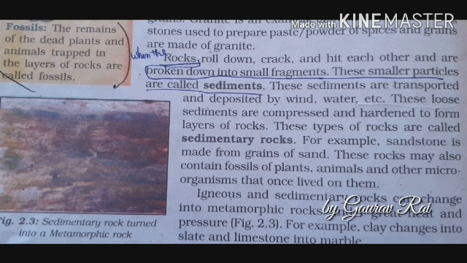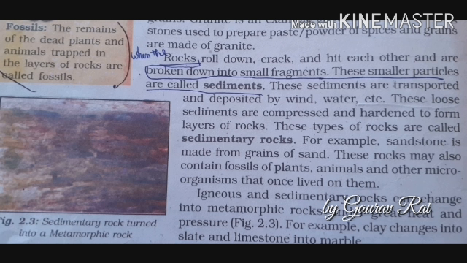Igneous and sedimentary rocks. The third type of rock we are going to read is metamorphic rocks. Metamorphic means characterized by exhibiting change in the form or character. Igneous and sedimentary rocks can change into metamorphic rocks under great heat and pressure.